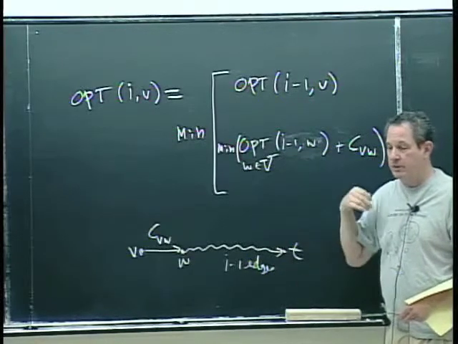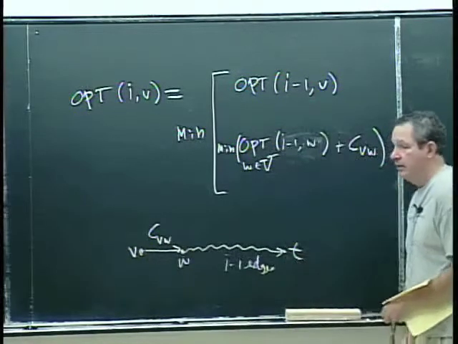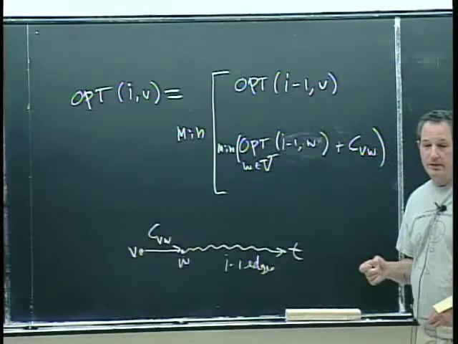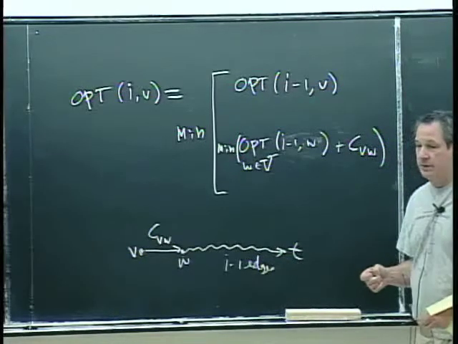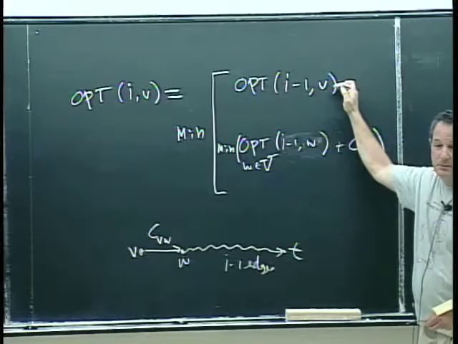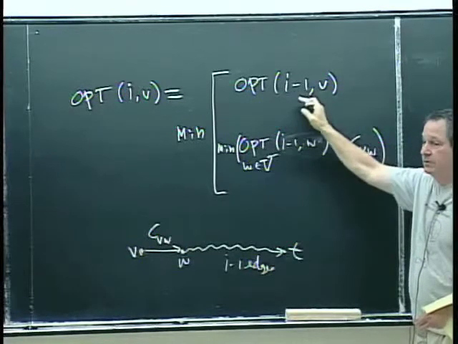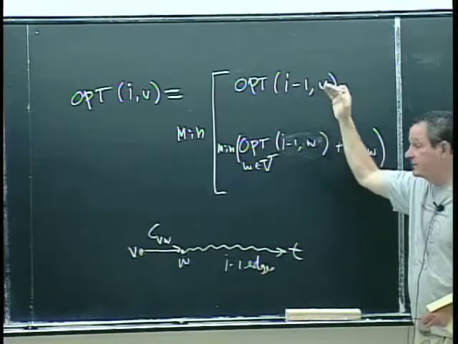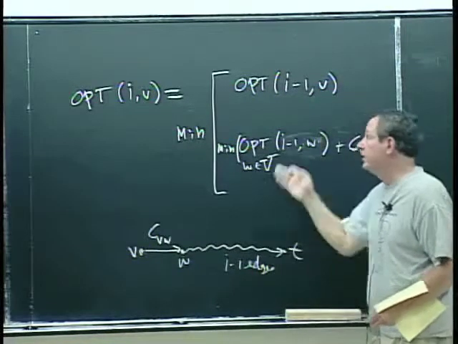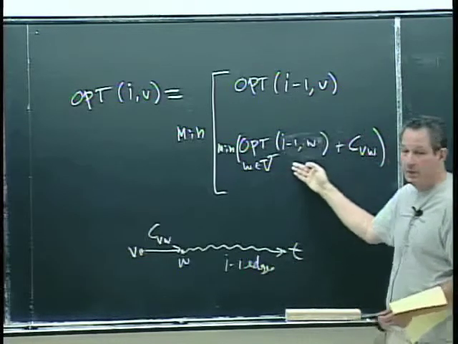But suppose that the shortest path from v to t has i minus 3 edges. Will it show up here? Yeah, because it's a path that uses i minus 1 or fewer edges, and it's the best. If it's the best from v to t over all paths that have i or fewer edges, it's certainly going to show up here. Is it going to show up here?